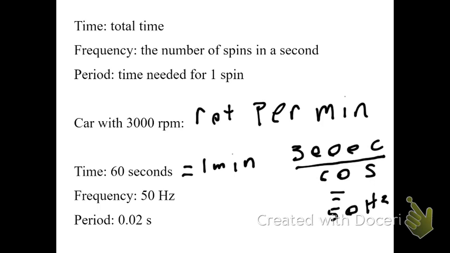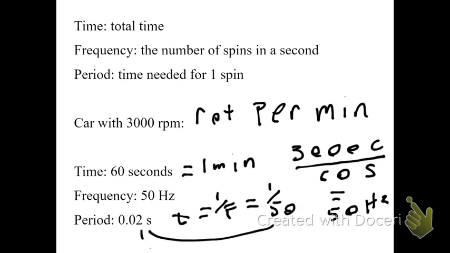Then if we invert that, because we know period is the inversion of that, T equals 1 over f, or 1 over 50, that gives us our period of 0.2 seconds. So that's how we can get all those numbers there. Once you get your frequency, you invert it to get your period. Or, once you have your period, you can invert it to get your frequency.